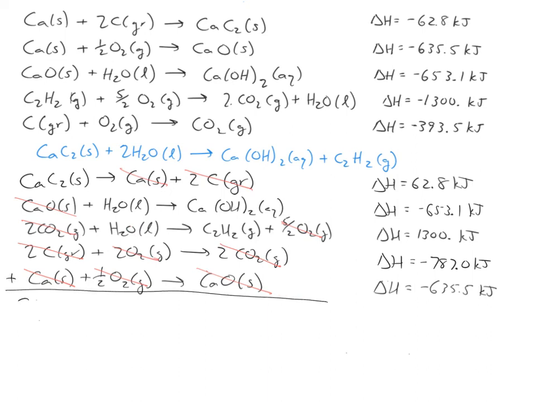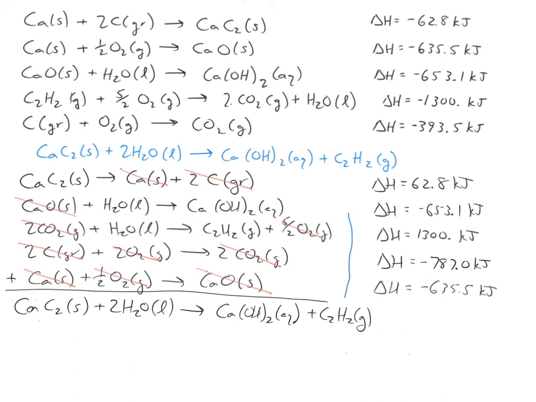As a reactant, calcium carbide solid plus 2 H2O liquids produces calcium hydroxide aqueous and C2H2 gas, which, comparing it, is exactly the reaction I was interested in. So now I can just add up my delta H's to find the answer to my problem.